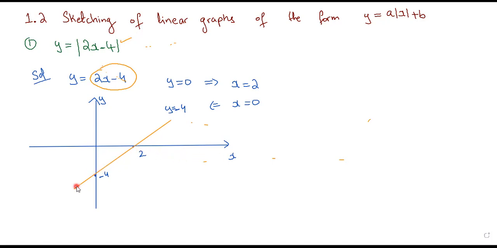All these values right here are basically the negative values. So this is what we need to understand, that this part would basically become positive. When it becomes positive, I am going to make the line this way. This is going to be the graph then.